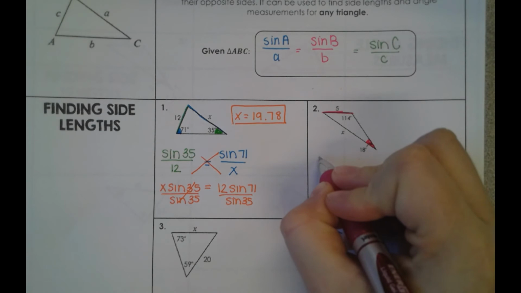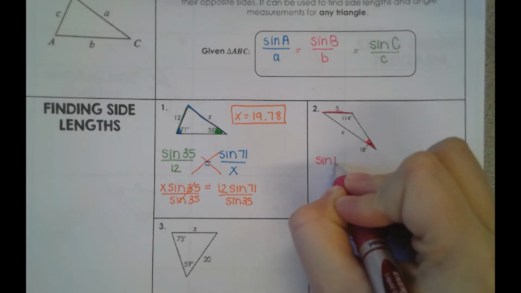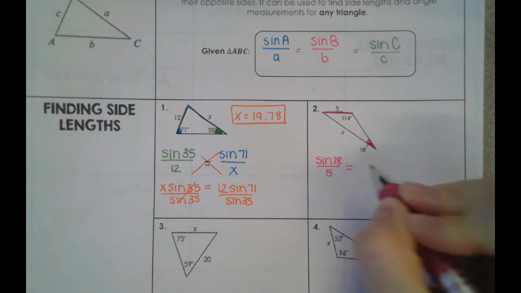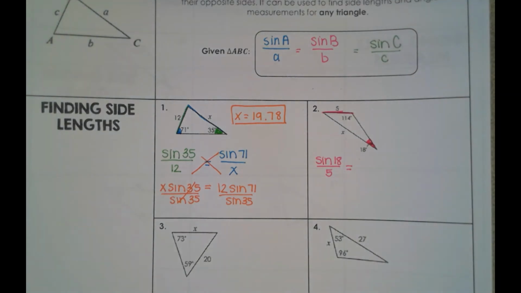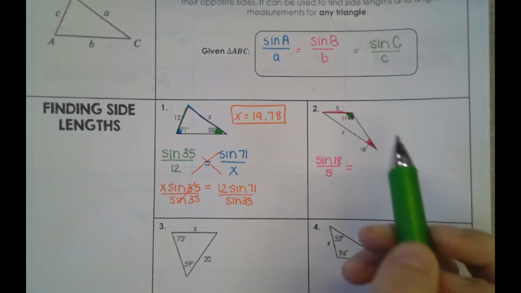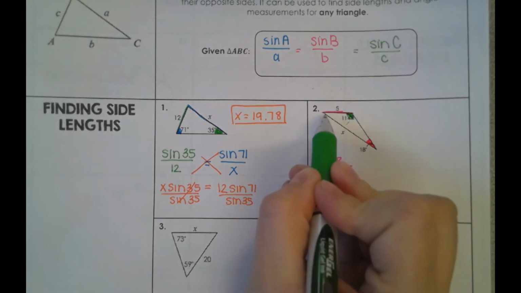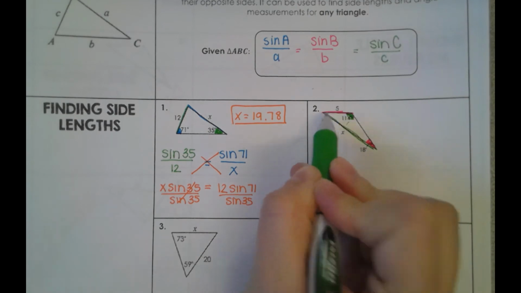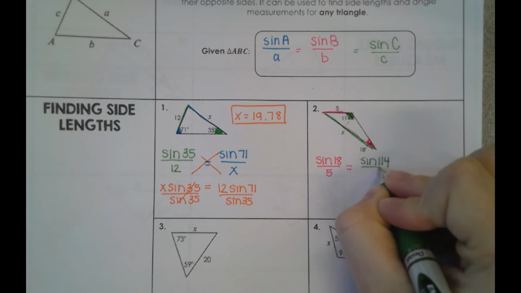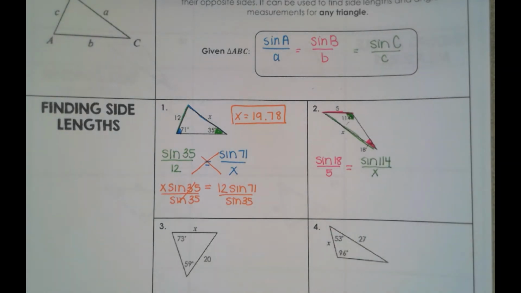So we can say sine of 18 over 5 equals, and then we do have this 114 across the triangle is x. So sine of 114 over x.